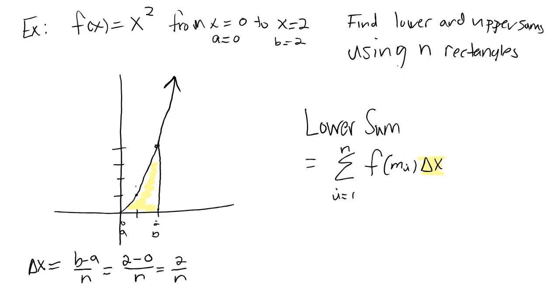So the next thing that we want to think about is our mi. So remember what that means. That's our minimum on the interval, or the location of the minimum on the interval. So what I'm going to do is go over to my picture, and I'm going to draw a sample rectangle. A sample rectangle is where you just pick a spot somewhere in the middle, you draw your vertical lines for the rectangle, and you just take a look at what you see.